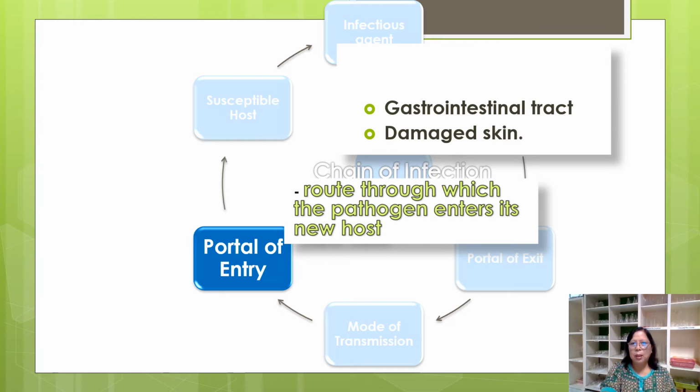Eating is one way of transferring a microorganism from one inanimate object to another. So that leads to the entry towards the gastrointestinal tract or the GIT. And then the mucous membranes.